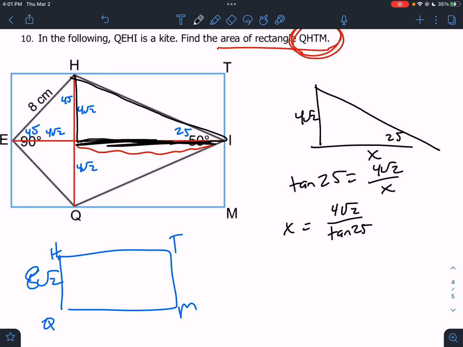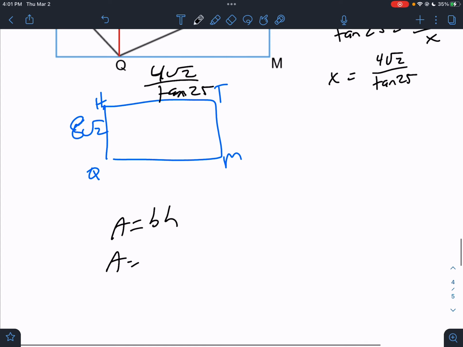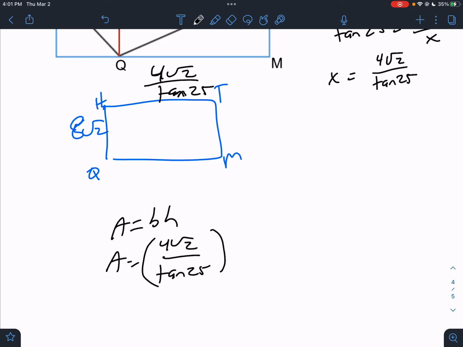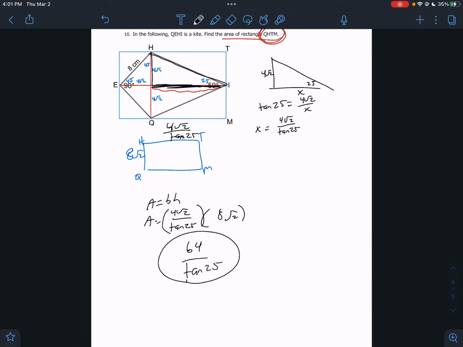So the area of that rectangle would be base times height: 4 root 2 over tan 25 times 8 root 2. What's 8 root 2 times 4 root 2? That would be 32 times 2. That'd be 64 over tan 25.